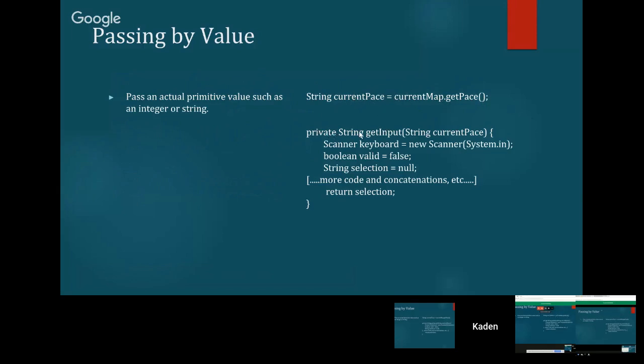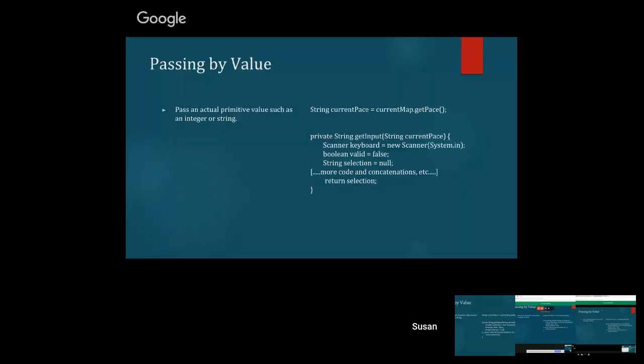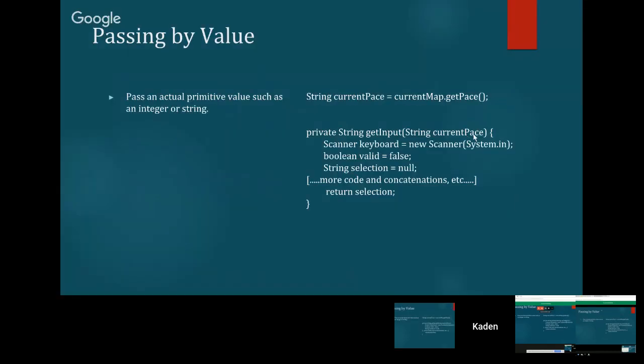And then later on in this getInput function, it calls that current pace variable as a parameter. And in that parameter, it's going to be the actual string that was assigned to that variable. And it's going to be used in this function, and it's going to return a string in the function.